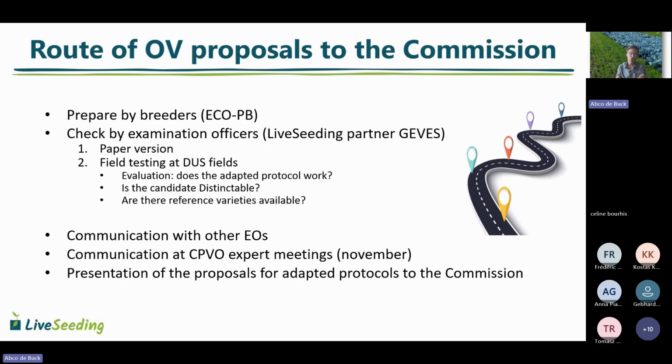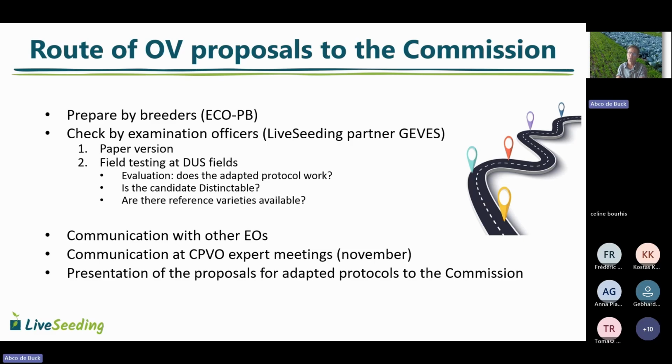In the case of onions, when so many characteristics are moved to the right column, so that more flexibility is allowed in uniformity, is the candidate still distinguishable? We discussed that it is good to score this in the field, to have a picture of this in DUS trials.